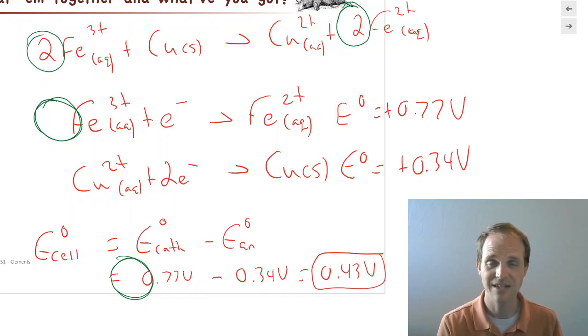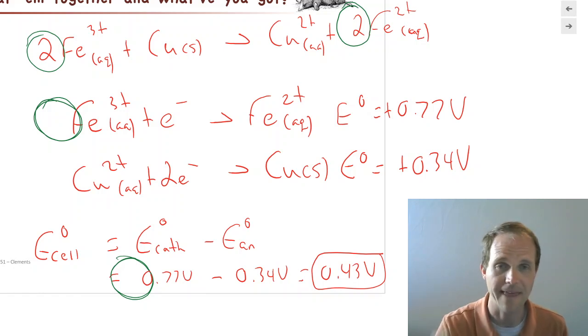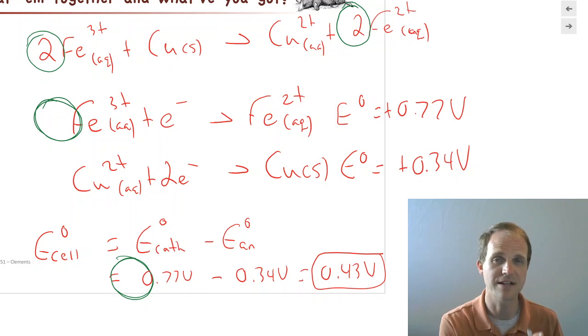When you are calculating cell potentials, the stoichiometry in your balanced chemical reaction does not come into play. You literally just look up the standard reduction potential for iron, even though you have 2 irons, and you put that into the equation. We'll see why later on when we compare this to delta G. It's kind of built in already. It's crazy that it works. Honestly, I still get like, really, that works? That shouldn't work, but it does.